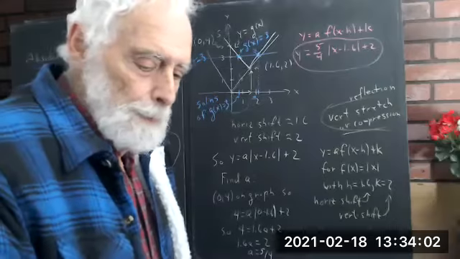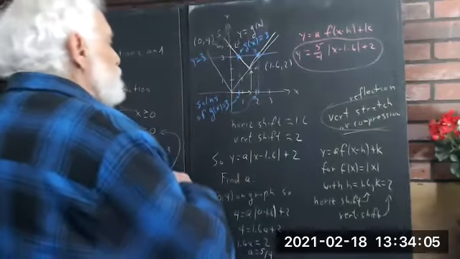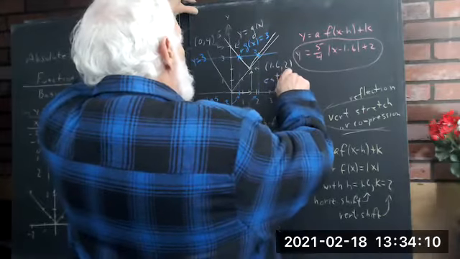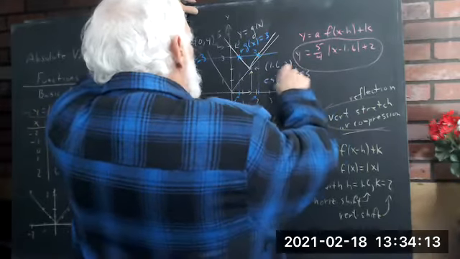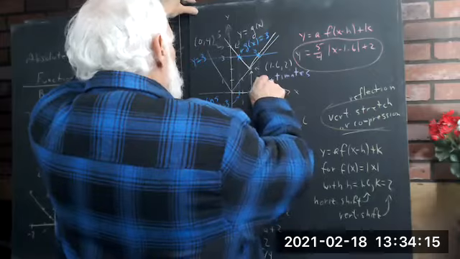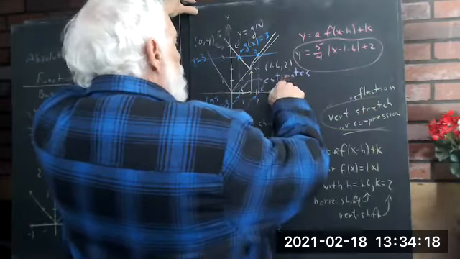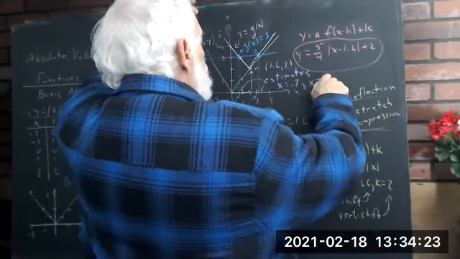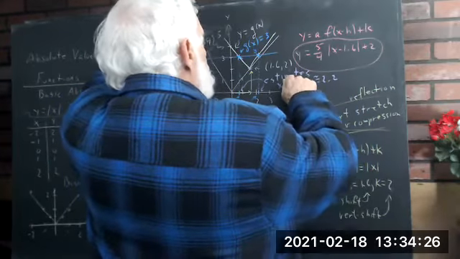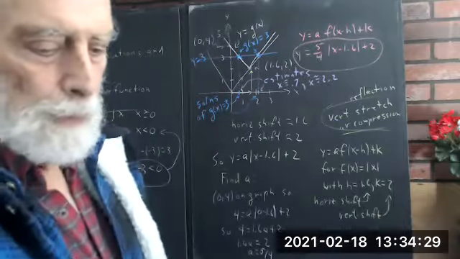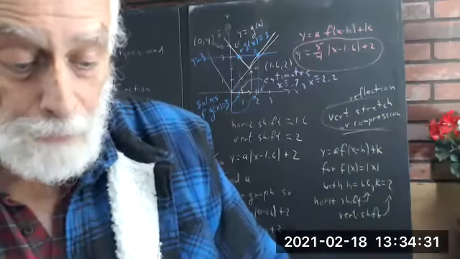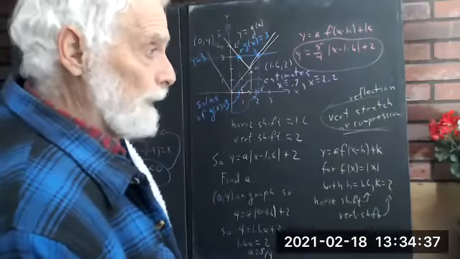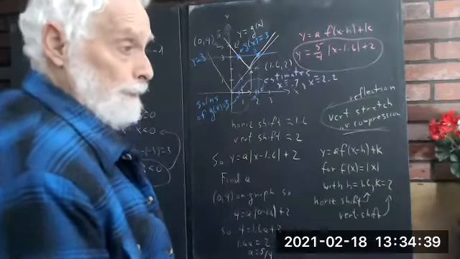So my estimates of the x values here and here: x equals 0.7, x equals 2.2, approximately. Now again, those are honest estimates. I didn't fudge them.